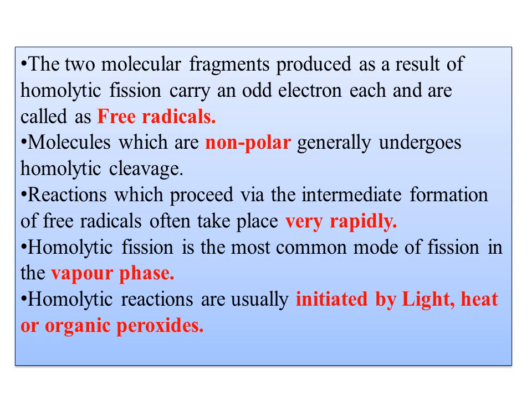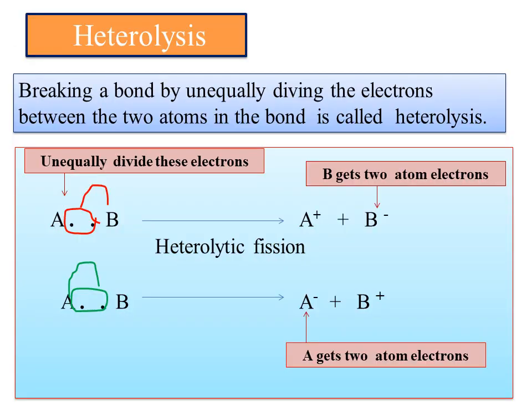Homolytic fission is the most common mode of fission in the vapor phase, because cleavage in the vapor phase makes it easy to take away the electrons. Therefore, generally we do it in the vapor phase. Homolytic reactions are usually initiated by light, heat and organic peroxides.